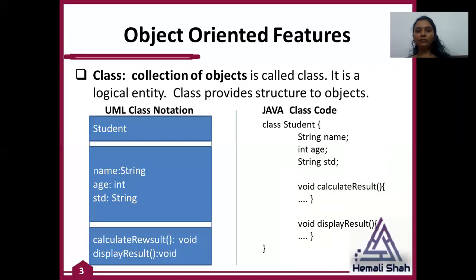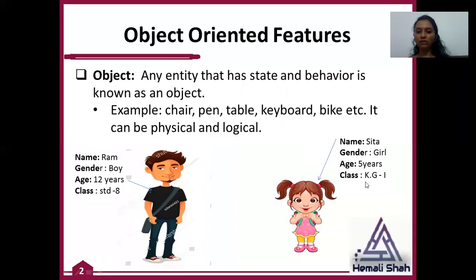Another feature of object-oriented language is class. If you observe the objects of your application, you will be able to identify some common structure available in all the objects. Here these two are objects and both have some common structure like name, gender, age.